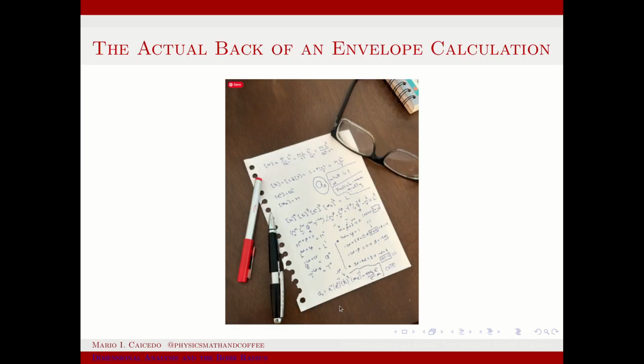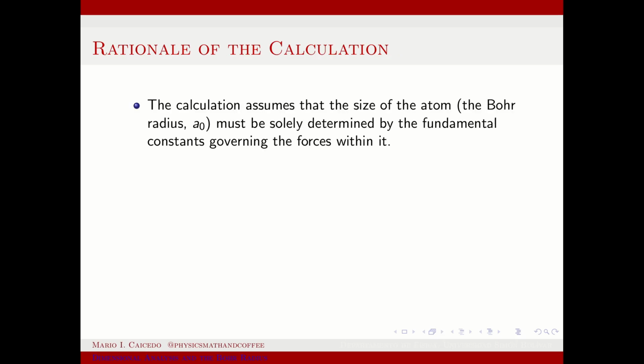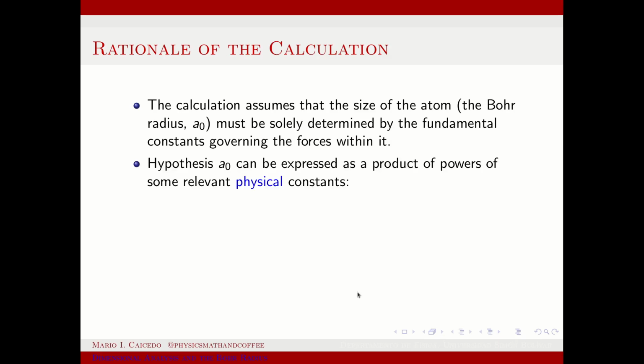And this is the actual back of the envelope calculation. But since my handwriting is so bad, I will show it very cleanly here. So what is the rationale of the calculation? Well, we say that the size of the atom is a naught, and it has to be determined only by the constants we have just discussed.